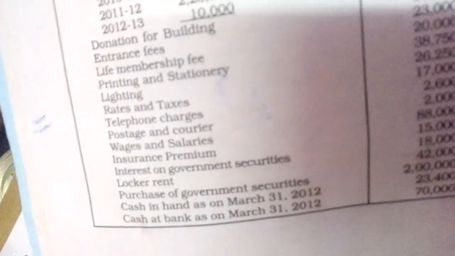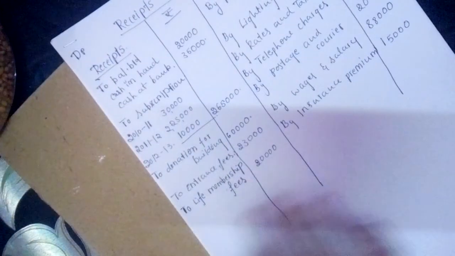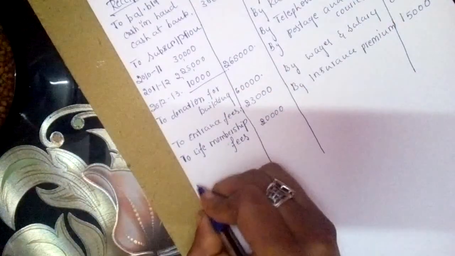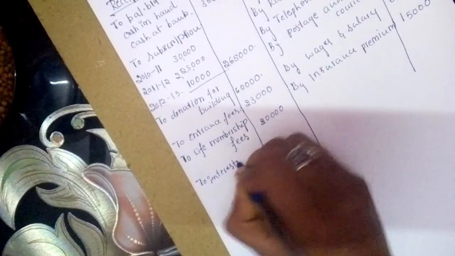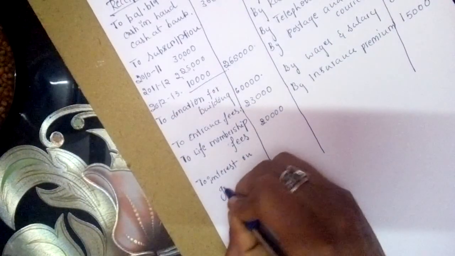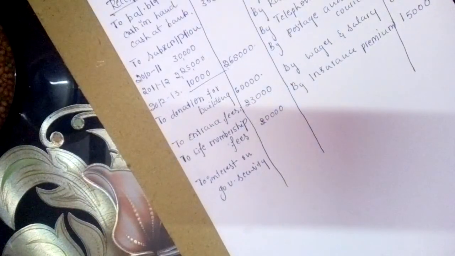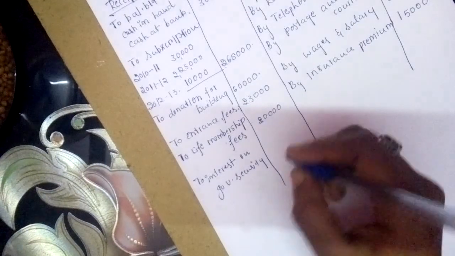Then the next item after insurance premium is interest on government security, which is the receipt recorded under debit side. So to interest on government security amounting to rupees 18,000.